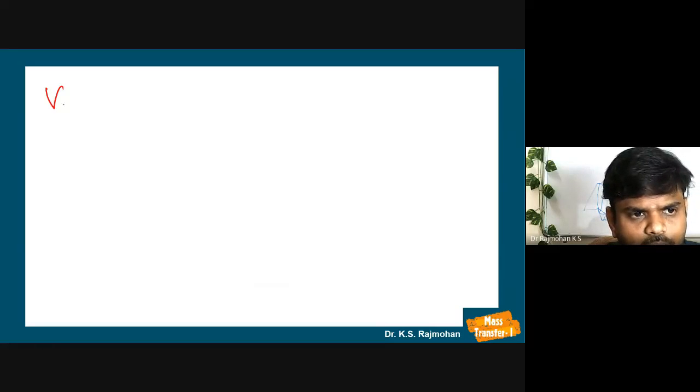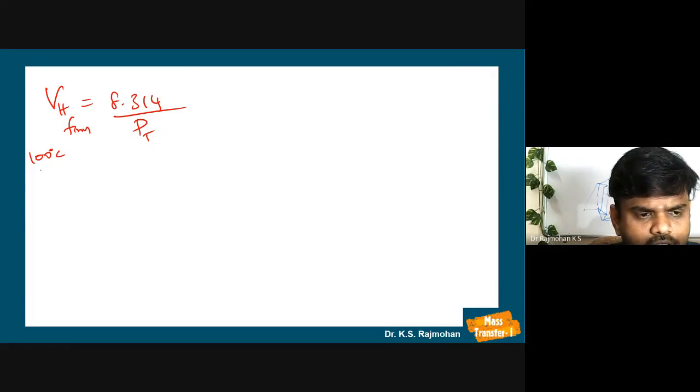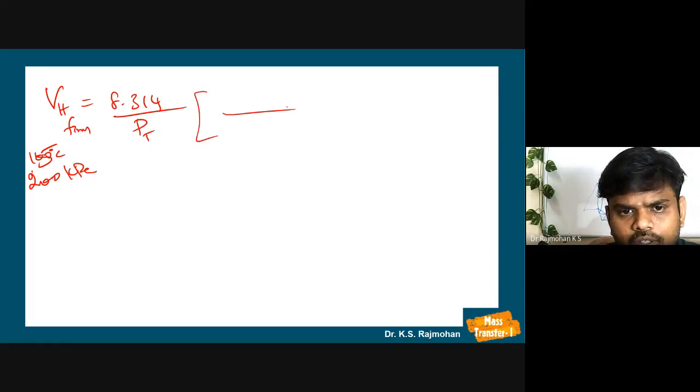The humid volume formula is 8.314 divided by P total. Remember this is for final, so finally it is 15 degrees Celsius and 200 kilopascal.